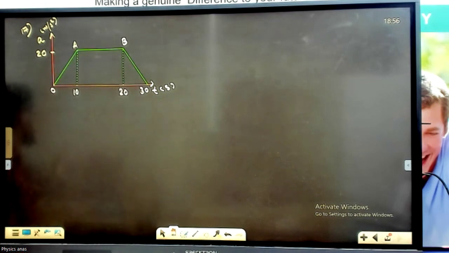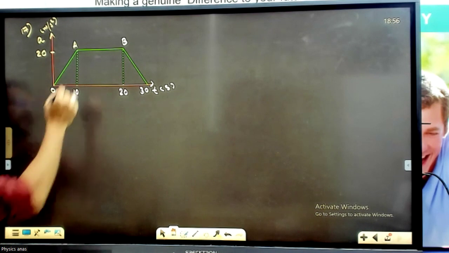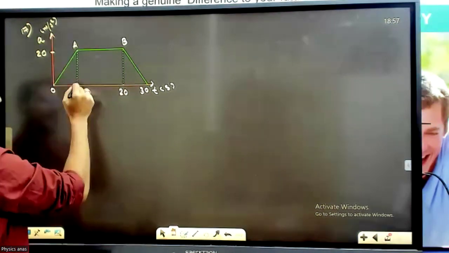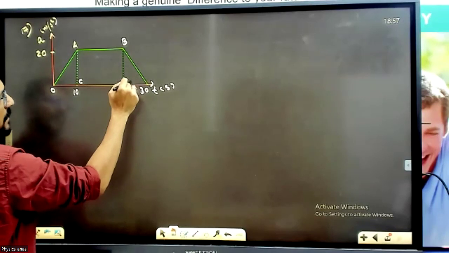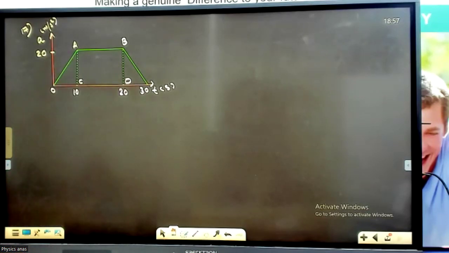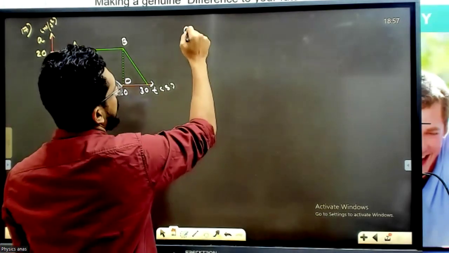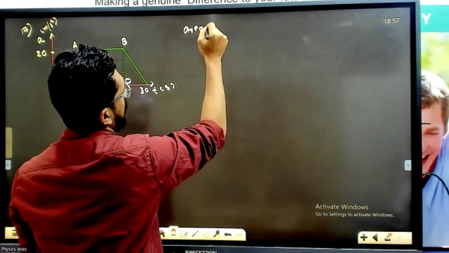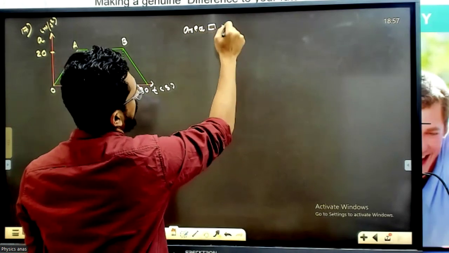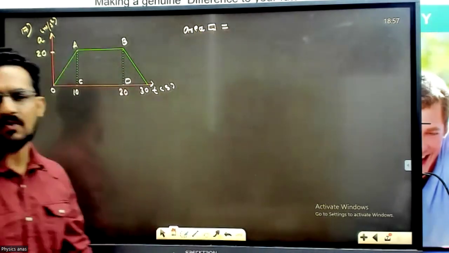Just consider this rectangle. Can you see a rectangle here? I am naming it A, B, C, D. Now I am taking the area of that rectangle.